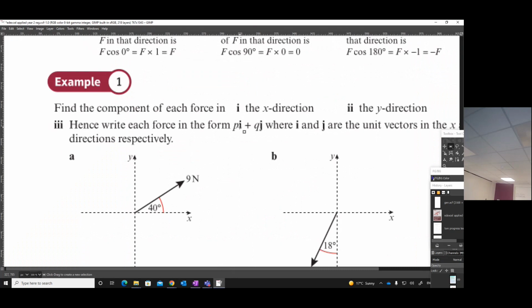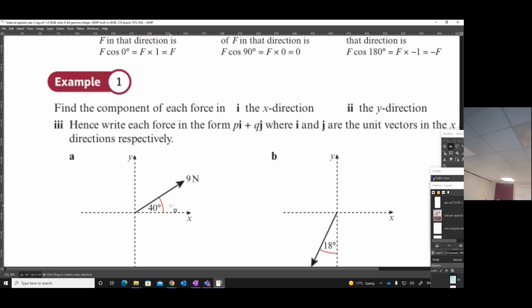But this i here is saying how much of a force is pointing in the east direction. i means east, j means north. So i means x really, because x is east and y is north, isn't it? All right. And so here they're saying find out how much of this force is pointing in the i direction and call that P. Find a number for P, the amount of this pointing in the x direction.